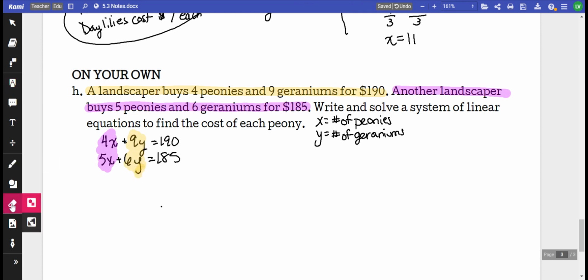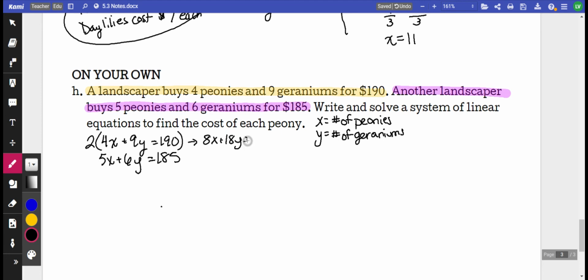So I'm actually going to go in and I'm going to change my y values. If you prefer to change your x's, that's fine. So for the first equation, I'm going to multiply that by 2. That becomes 8x plus 18y equals 190 times 2 should be 380.